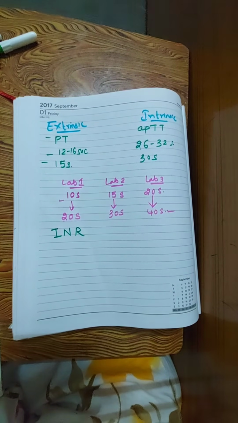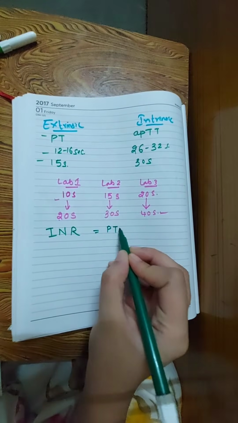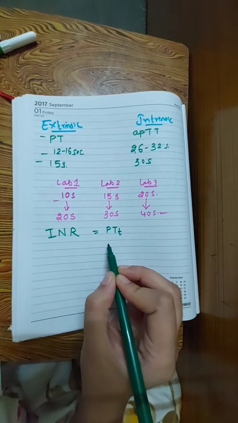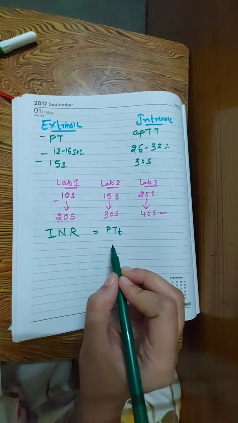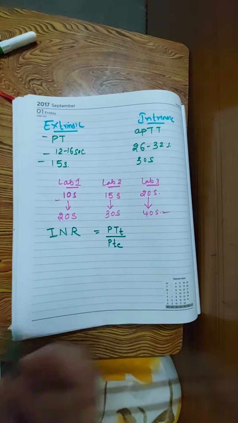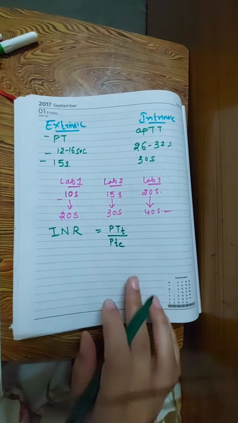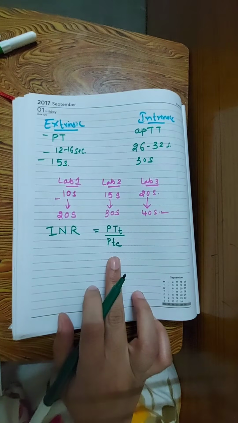First is the prothrombin time of the test blood which we have sent to the lab, and second is the prothrombin time of the normal blood, that is the control blood. Okay, so this ratio signifies the international normalized ratio.